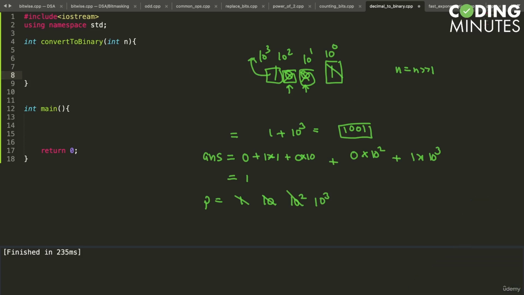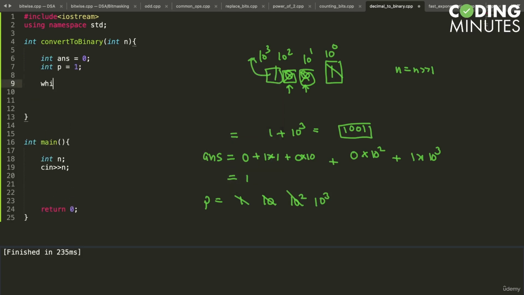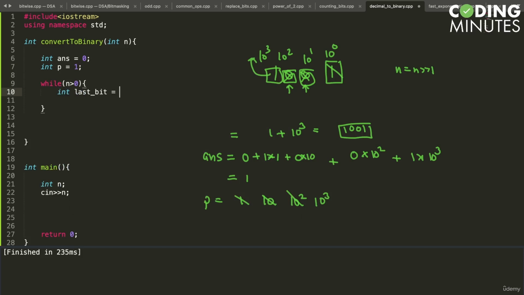And if you're stuck, then take the help from this tutorial. So what I'm going to do, I'm going to take input n and I'm going to convert it into binary. Initially the answer is 0, the power is 1, and while n is greater than 0, I'm going to extract the last bit, that is n and 1, and I'm going to add something to my answer.